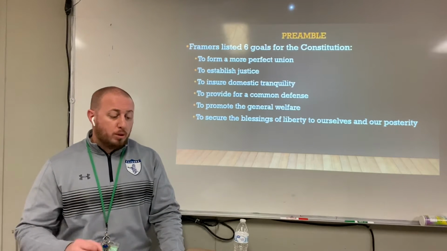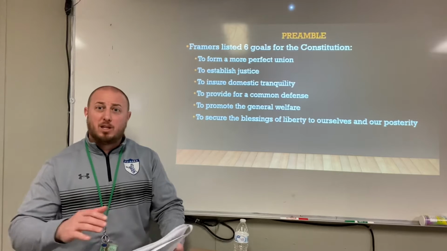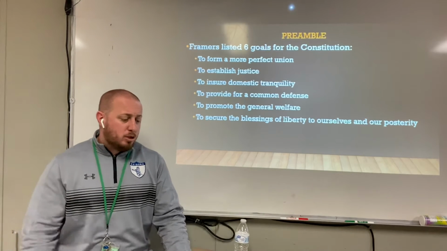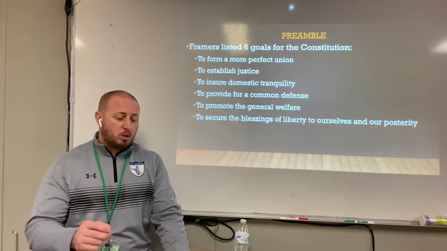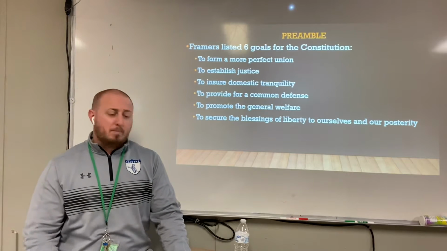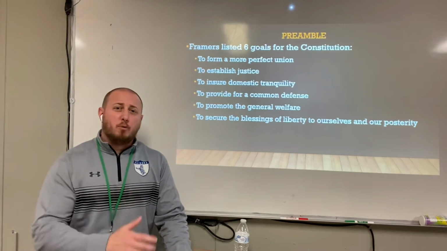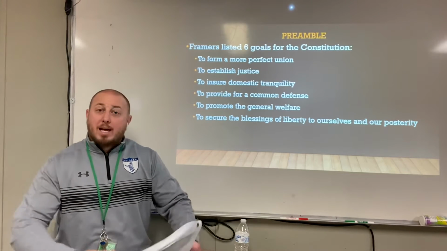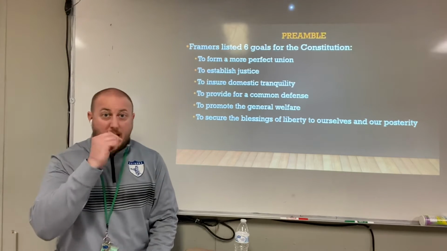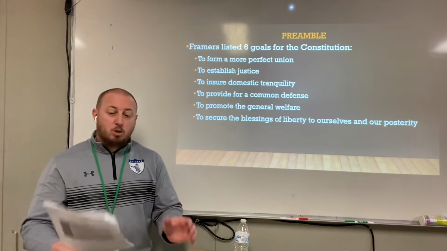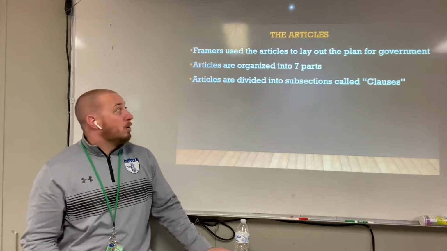To promote the general welfare or the basic good for everybody, and to secure the blessings of liberty to ourselves and our posterity. Liberty means freedom. It's basically establishing the freedoms that we as people here in the United States are going to have under this new form of government.